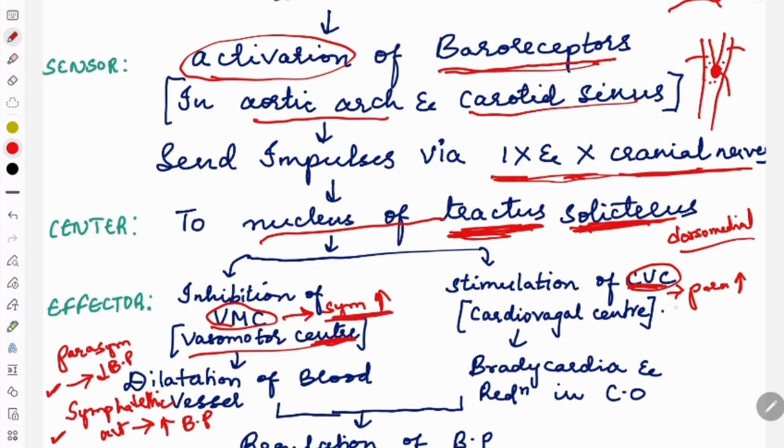Whereas the CVC, the cardiovagal center, is responsible for increasing the parasympathetic activity. Now, if the sympathetic activity increases, BP will increase. If the parasympathetic activity increases, BP will decrease.